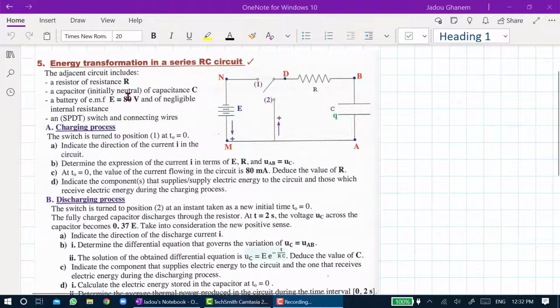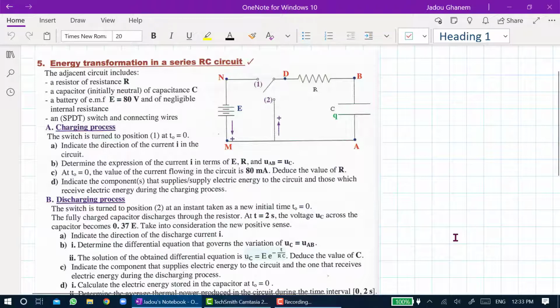They said that we have a resistor of resistance R, a capacitor of capacitance C, initially neutral, so it's uncharged at t equals 0, a battery of electromotive force E equal 80 volts and of negligible internal resistance, an SPDT switch and connecting wires. So here we'll cover the concept of the charging process in the first part and the discharging process in the second part.